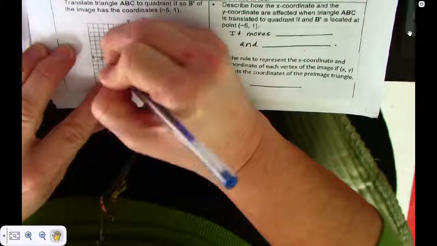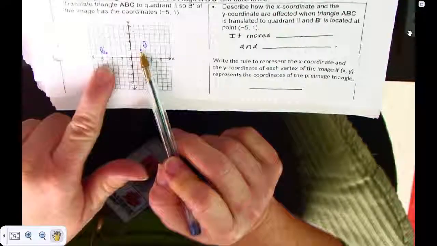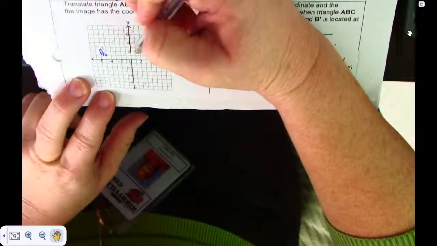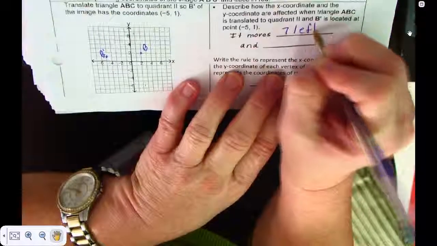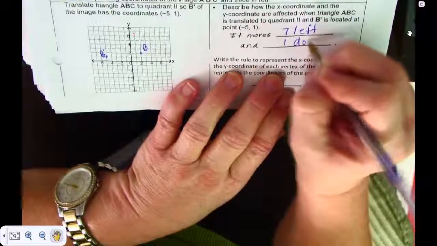Okay? Number 3. I'm just going to put B on there. 2, 2 is B. -5, 1. A lot of you put -1. You put it in the wrong spot. And then what I need to do is tell how far they moved it. Everybody put your pencil on point B. We're going to count, and we're going to go 1, 2, 3, 4, 5, 6, 7 left, and 1 down.